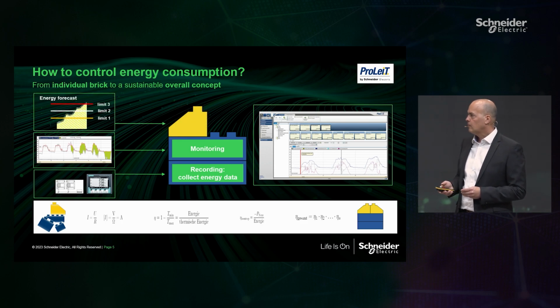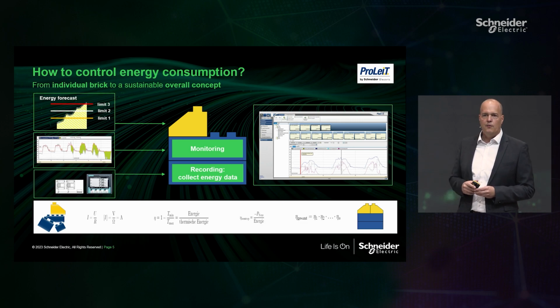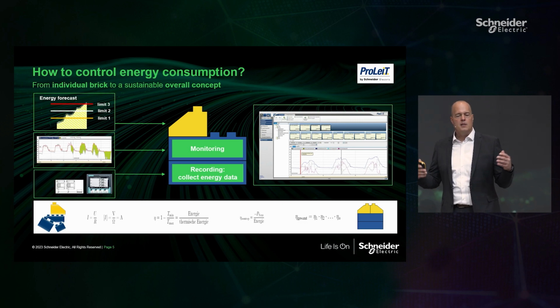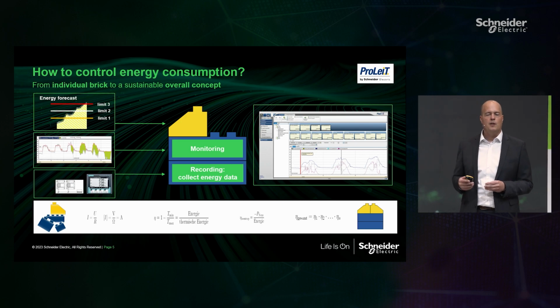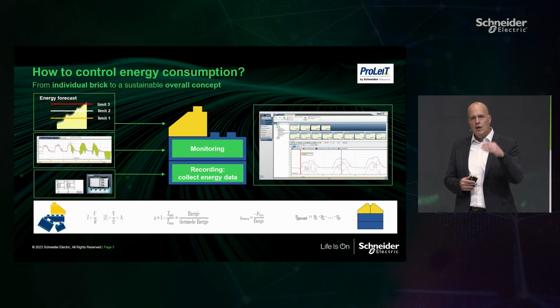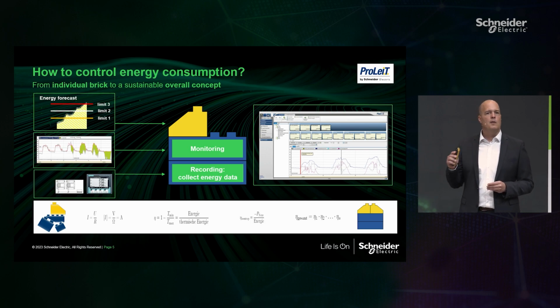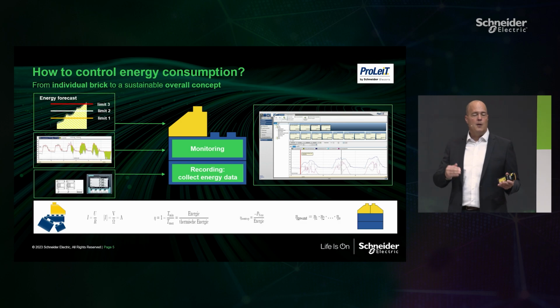And from the forecast point of view, from the demand situation, you make a contract with your energy supplier, you have the limits, and it's a very important goal not to exceed these limits, because otherwise you pay these new limits over the whole year, and it's really a topic. So a very important point, which comes with visualization, is to say, okay, we need to adjust the energy consumption.